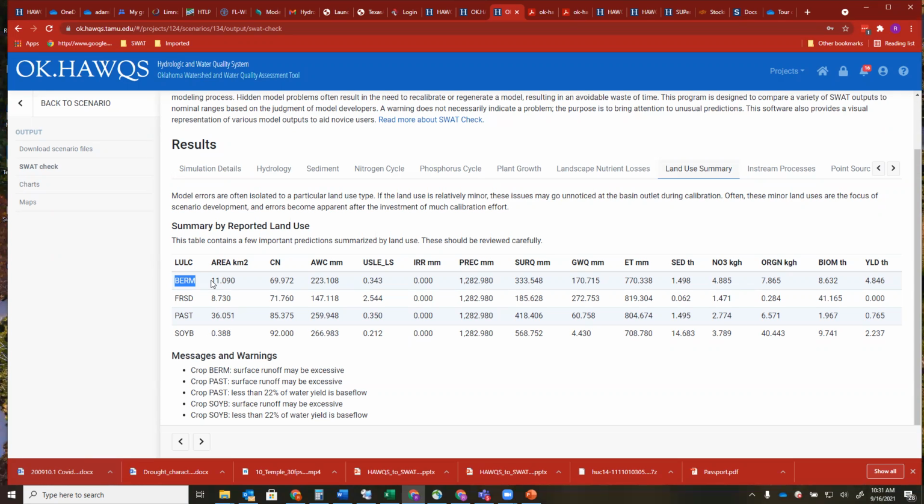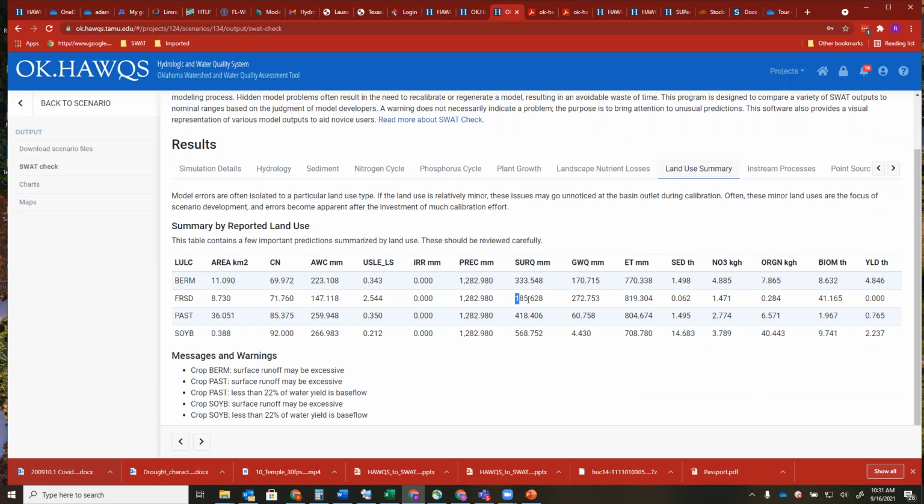So there are 11 square kilometers of urban, and forest and pasture are dominant, and then soybean cropland. So what curve number was used on average? What's your water holding capacity, LS factor, how much is the rainfall, how much is the runoff? You can see that with the different land uses, the runoff is totally different.